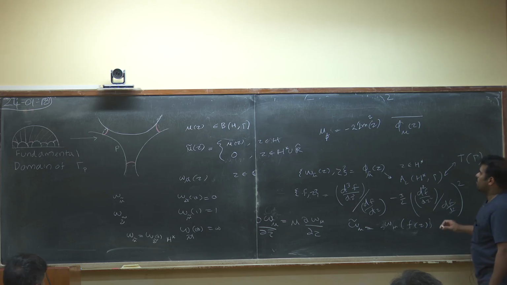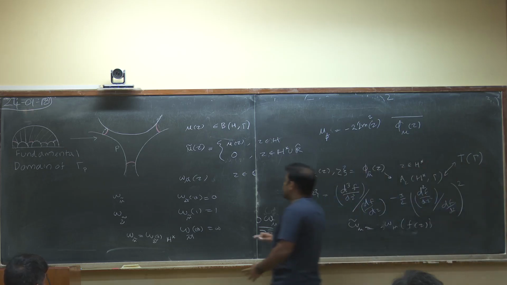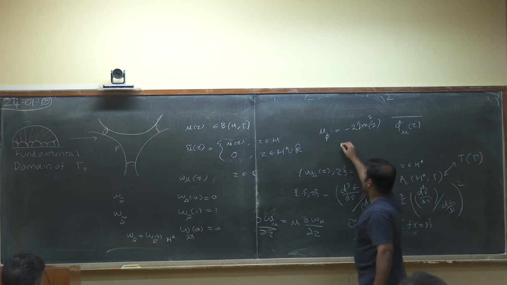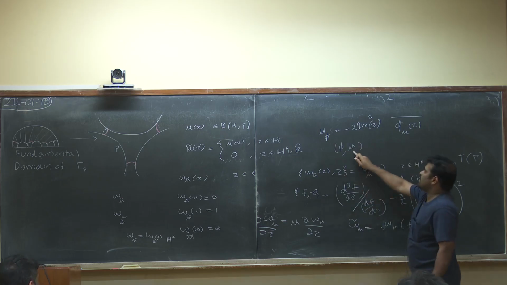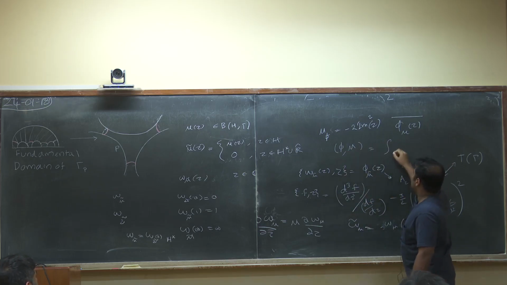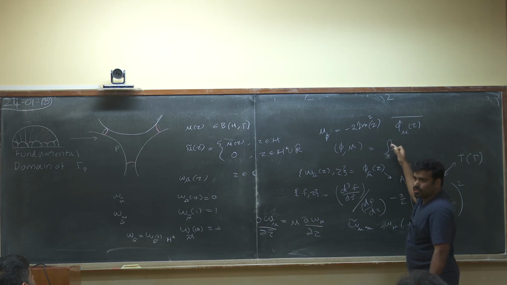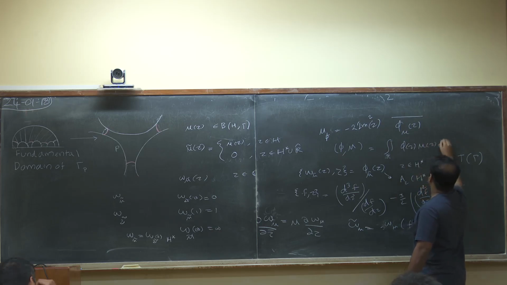Then we can go back and see how we can pair a quadratic differential to a Beltrami differential. You can define an inner product between quadratic differentials and Beltrami differentials by integrating your object over the fundamental domain that corresponds to the Riemann surface, multiplying phi of zeta with mu of zeta, and then integrating over all fundamental domains.